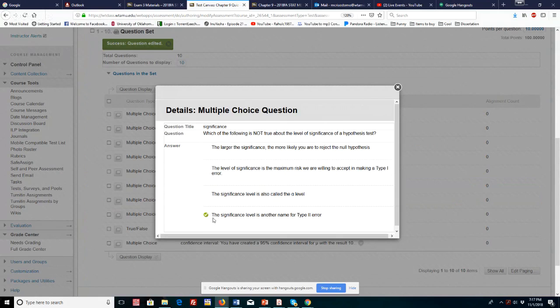So this last one is an incorrect statement. The significance level is another name for type 1 error, which is also known as your alpha. So significance level of the test, type 1 error, alpha level, those are all synonyms.